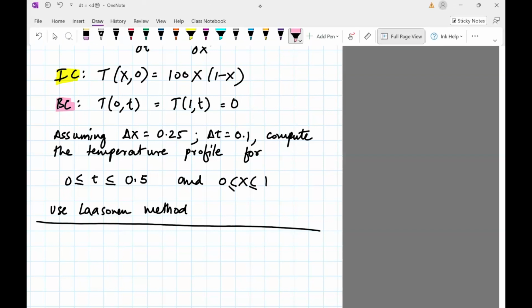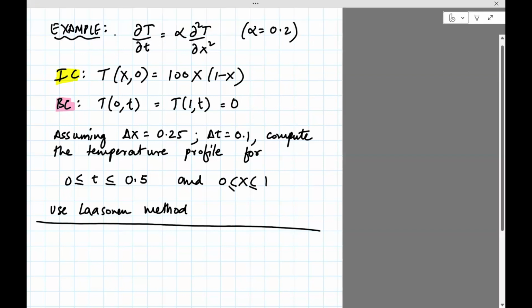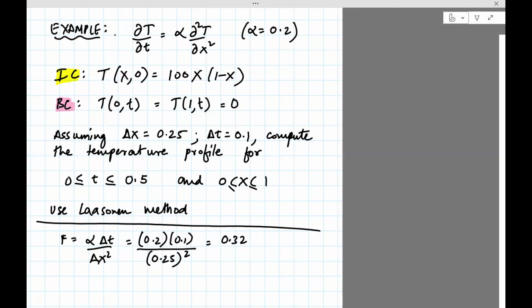Okay, so first things first, let's just get what f is. f is alpha delta t divided by delta x squared. It's going to be the same for this as the previous one, but let's just compute that here. Delta t is 0.1, delta x is 0.25. We square that, and if you do the math on that, it comes out to be 0.32.